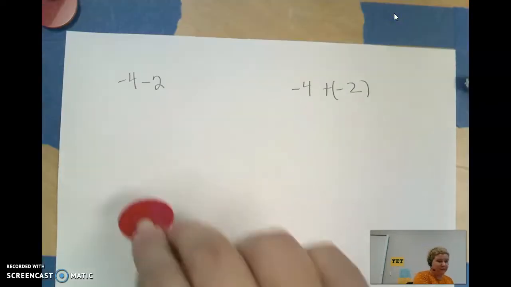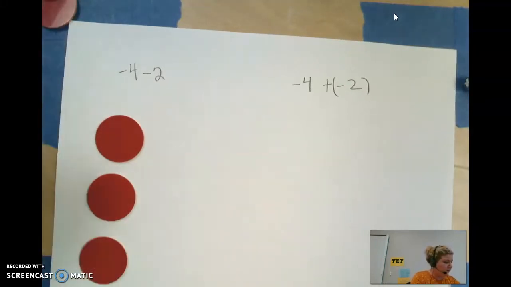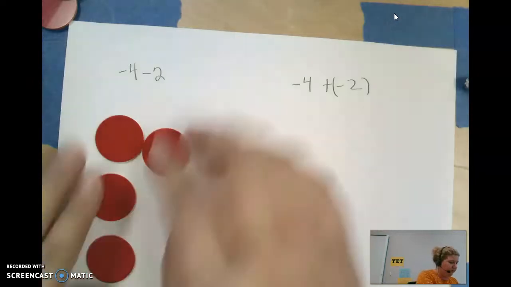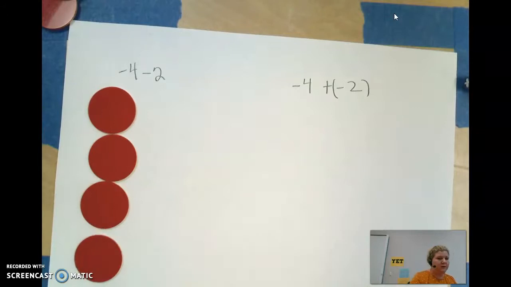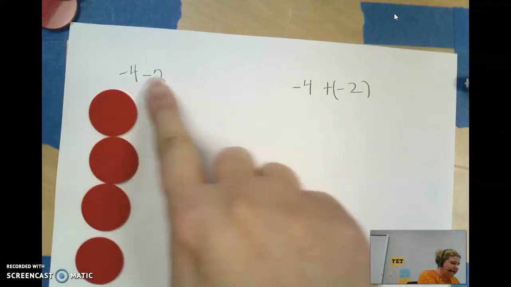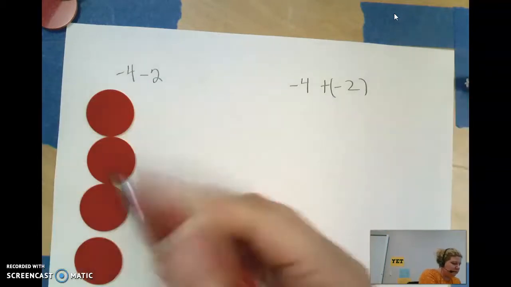I actually have my counters today. So I have 4 negatives, 2, 3, got my 4 negatives, and I need to take away 2 positives, or remove 2 positives. So I'm going to write that down.